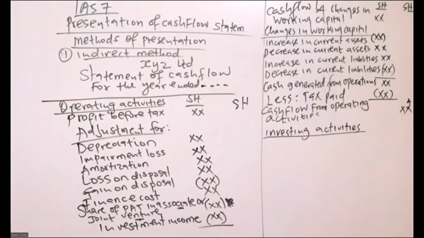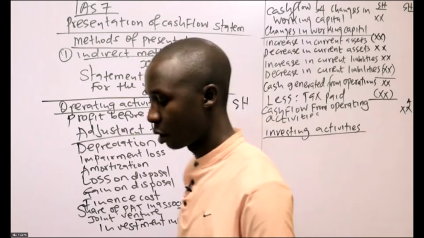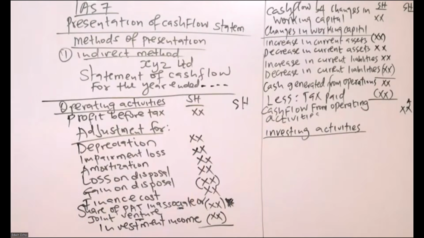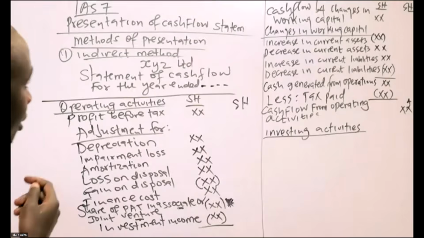So it's all about starting from the profit before tax. Then you adjust that profit again for the incomes and expenses which are non-operating. You get a cash flow before changes in working capital. Then for changes in working capital, you check the increase or decrease in current assets or current liabilities.